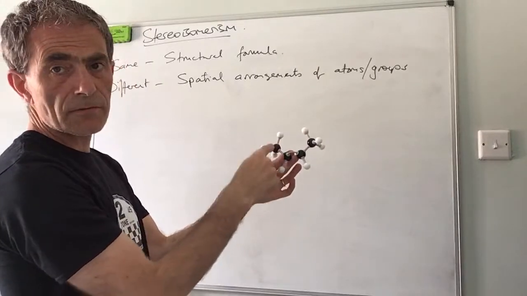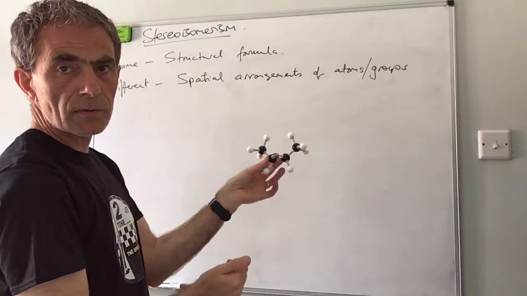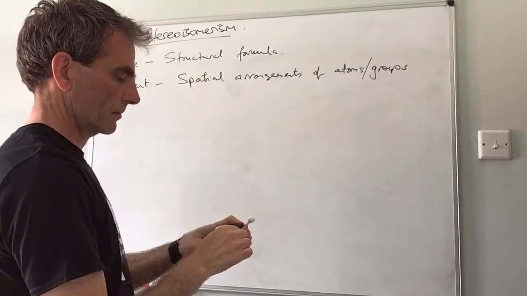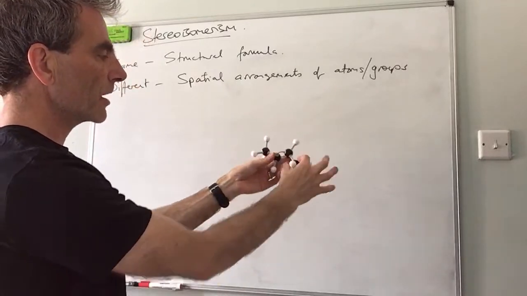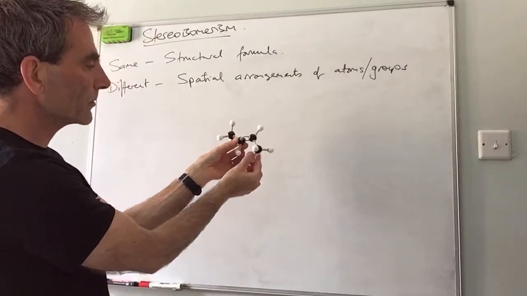You only ever swap one set of groups around on the double bond. So I'll just show you that. I've just swapped those around. That's a different molecule, or a different form of the molecule.